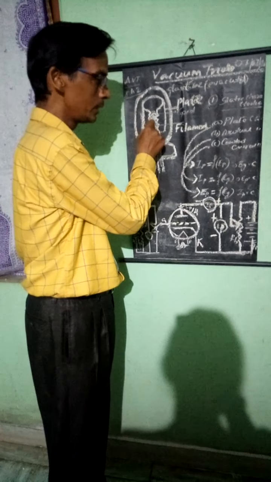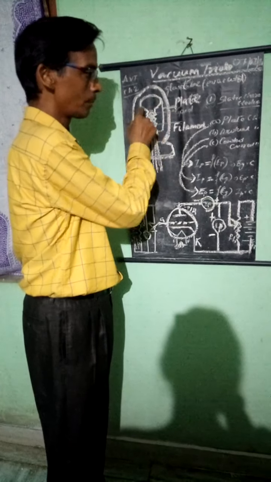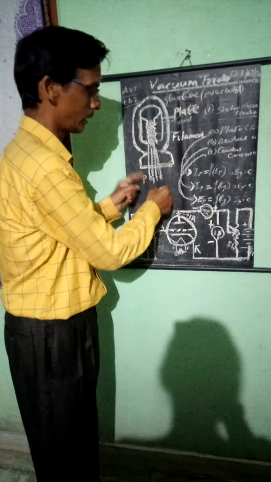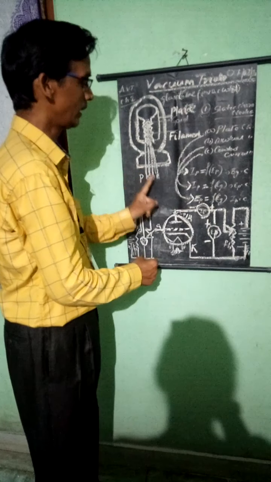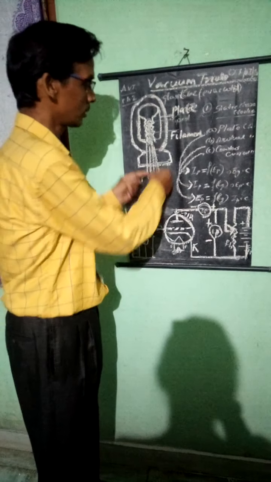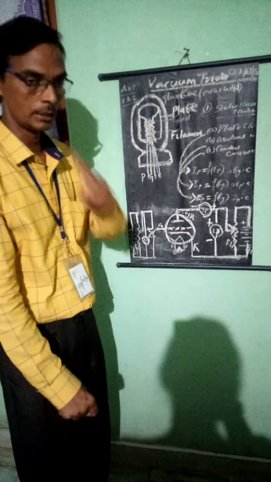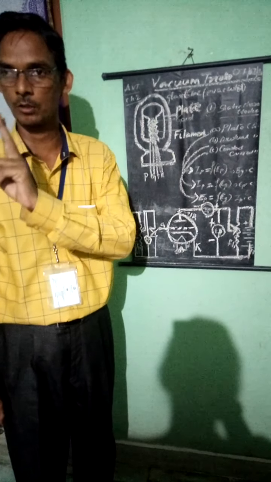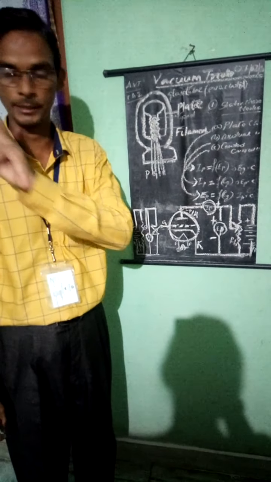The control grid along with the cathode will be surrounded by the plate or anode. Only these leads we get back: the plate, the grid and the filamentary cathode. It has 3 terminals: the anode, the cathode and the control grid.